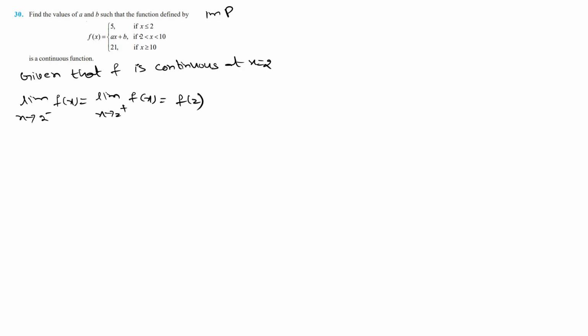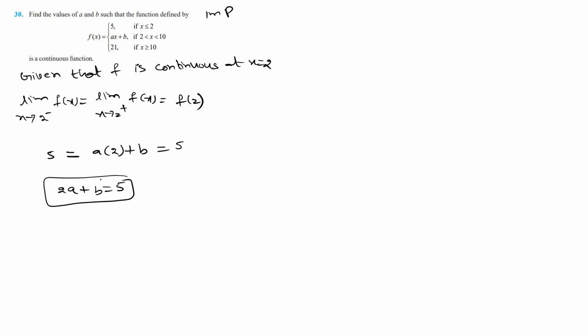For 2 minus, f of x is less than 2, so this one we take as 5, which is equal to 2 plus means greater than 2. For greater than 2, this is the function ax plus b; wherever x is there, we substitute 2. a into 2 plus b is equal to f of 2, which is equal to 5. So 2a plus b is equal to 5 is the answer.